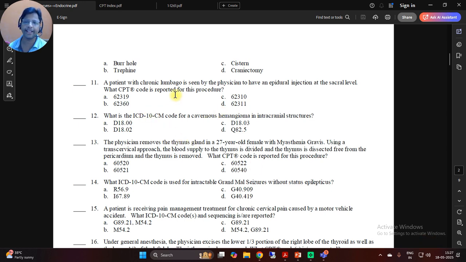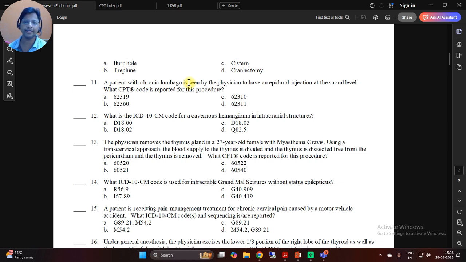Basically, whenever you code epidural injections, we have injection using the needle as well as the infusion. Injection is the single shot. Only one time the patient will be administered the medication. Infusion is longer duration. For example, if the patient is given the medication in step by step increments, at that time he will use the infusion.